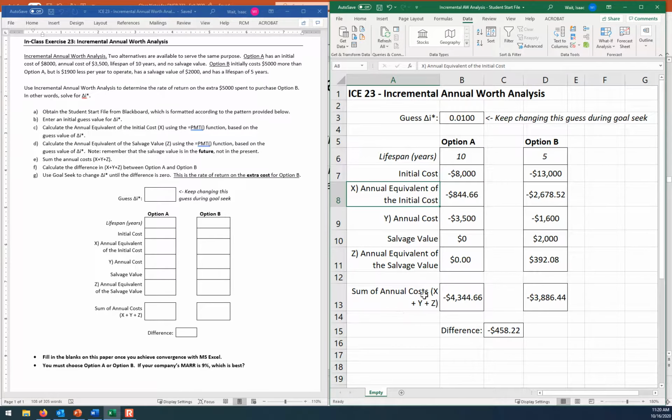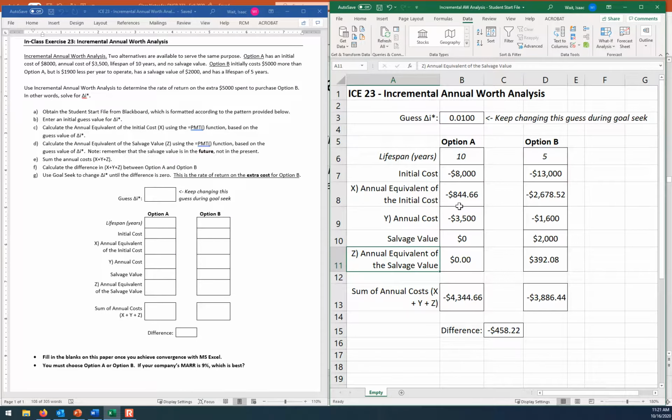And so we could have changed this formula to say that it was x plus y minus z. And then the costs would just be the absolute value of how much outflow you have. So whichever way is fine, but we just have to make sure to differentiate between costs and then this item Z was salvage value, which is income.